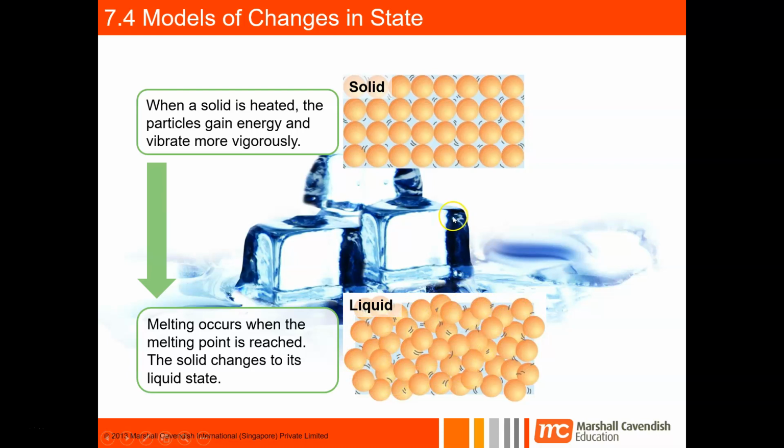Now remember that this process takes time. It's not instant. There is a lag time between a solid and a liquid. There's a certain amount of time that it takes for the energy to come in and break the bonds, and then it can become a liquid.